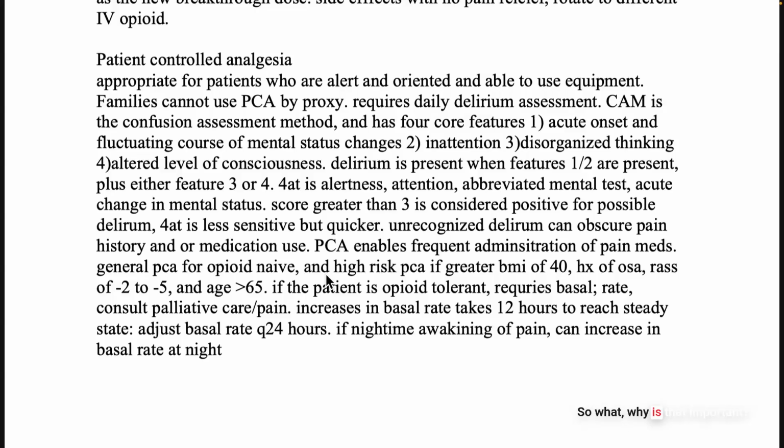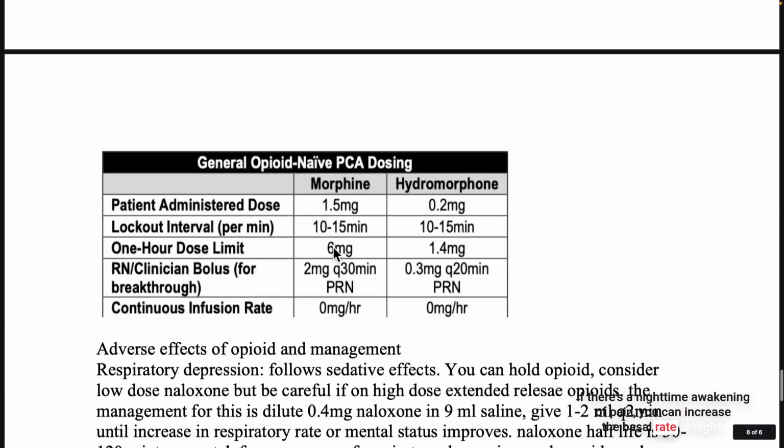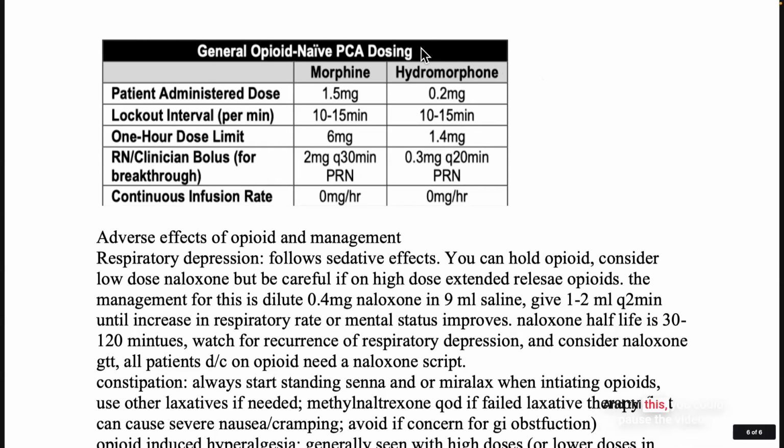So why is that important? It's because there's a steady state concentration of opioids in your blood, and if you have a basal rate, it can increase the steady state concentration in your blood. If there's a nighttime awakening of pain, you can increase the basal rate at night. And you could pause the video. This is what PCA general opioid naive dosing is.